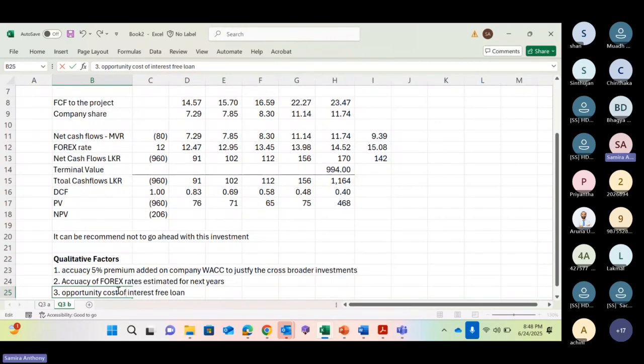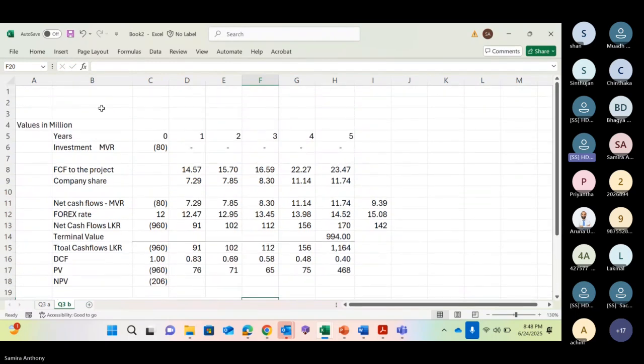These are the qualitative factors. So sir, the discount factor is our current WACC, no, sir? Yeah, the WACC of our company.